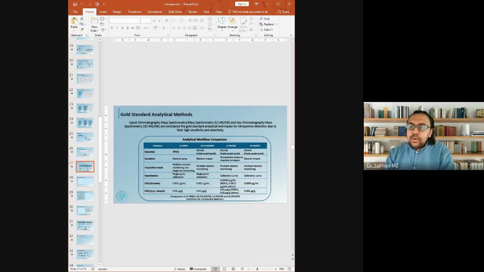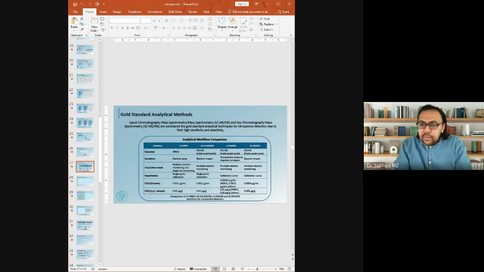This is the analytical workflow comparison, in which I have tried to cover the established LOQs. In the case of LC-HRMS, the LOQ is 0.001 microgram per ml, whereas for GC headspace MS it is 0.002. For LC-MS/MS, you can see the LOQ is 0.0013, and for GC-MS/MS 0.005.